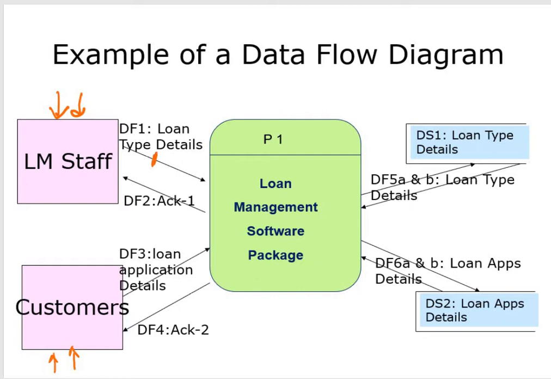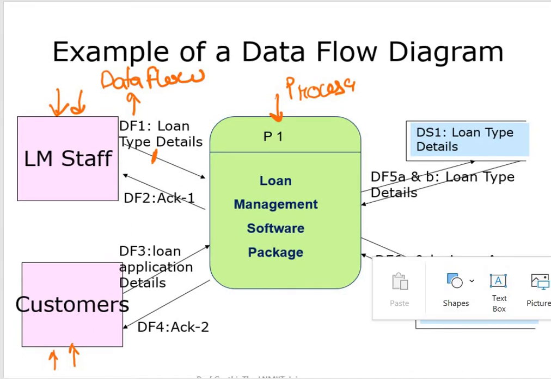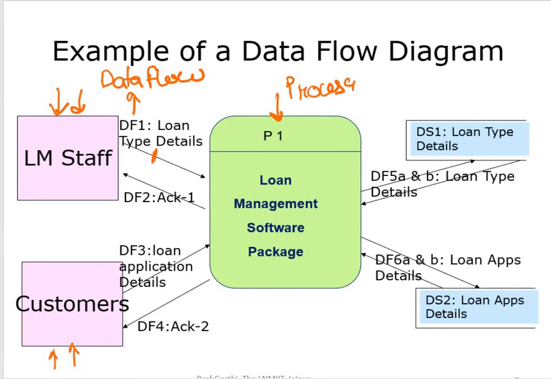This particular data flow is like loan type detail, and this is T1, this is a process. DF stands for data flow. So this is the process, which is your loan management software package, and on this side I have two data stores. DS stands for data stores.